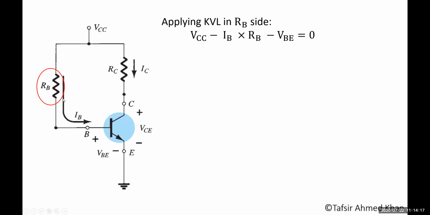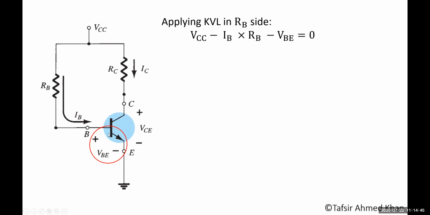Then you have another drop here, that is VBE, because this is a PN junction, right? This is P, this is N. This is an NPN transistor, so this junction is PN, like a diode. So here there will be a voltage drop, VBE.